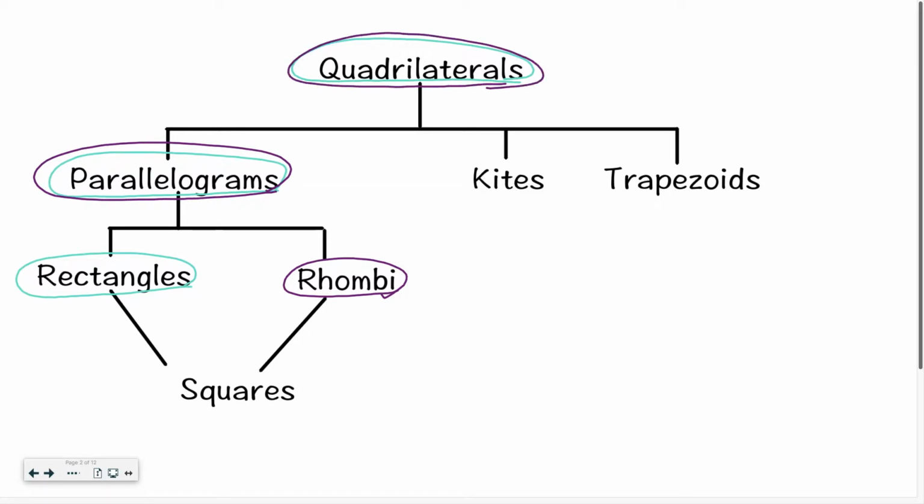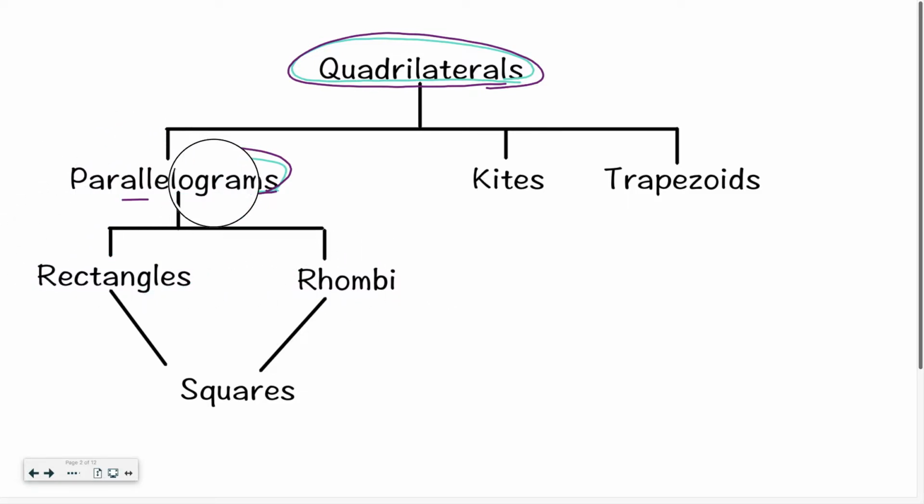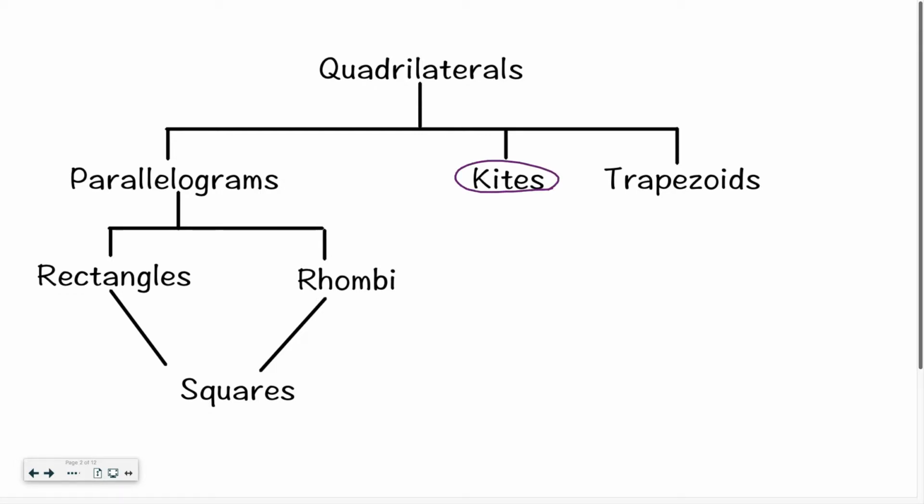If I look at a square, then it is all of those things. It is a rectangle, a rhombus, a parallelogram, a quadrilateral. A kite is just a kite or a quadrilateral. It inherits properties of quadrilaterals, meaning it has four sides. And same with trapezoids. Trapezoids are their own thing, and it inherits from quadrilaterals.